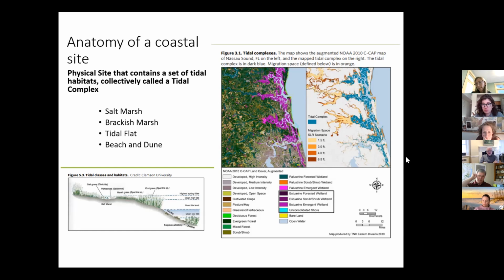So the tool was developed with 4 different sea level rise intervals from 1.5 feet to 6.5. But the base sea level rise that was used for the final projections is the highest, the 6.5 feet of sea level rise. So these marsh migration complexes and the sites that show the greatest resilience are those that are anticipated to be able to persist and thrive even at 6.5 feet of sea level rise.